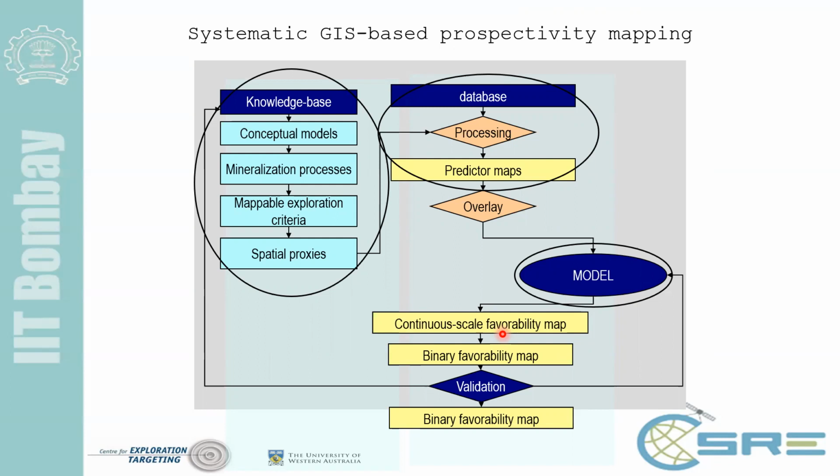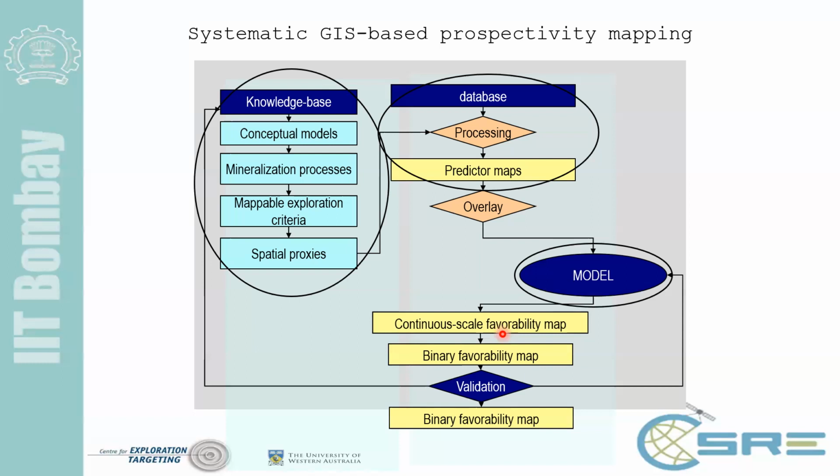And once you have the targeting criteria listed out, identified clearly, then you move on to your GIS, where you have got your exploration data sets. And then we sit down and we process our GIS data sets in such a way that they can capture the targeting criteria. So these are the spatial proxies of the targeting criteria or the mineralization processes. So that is the process that happens in GIS.